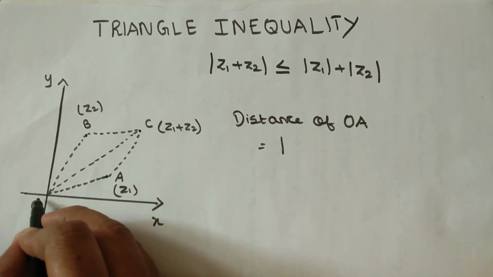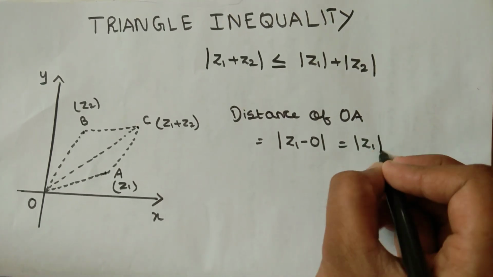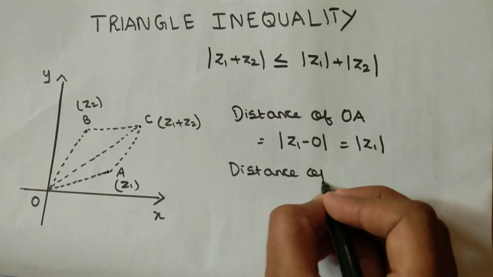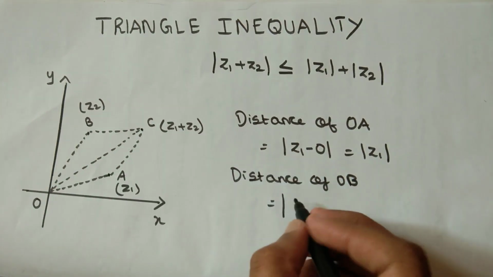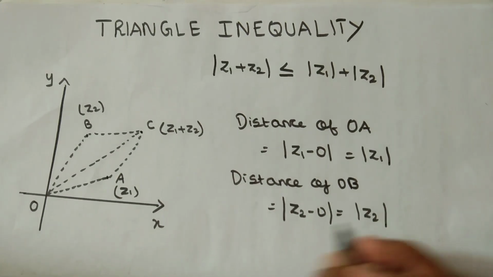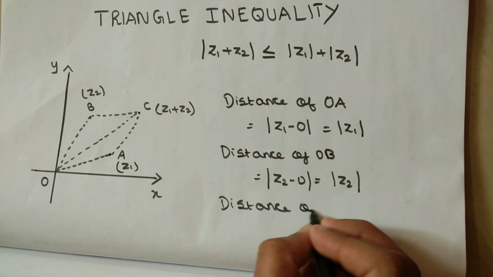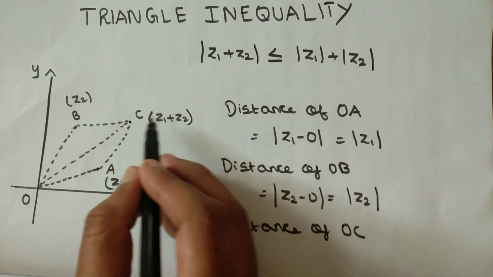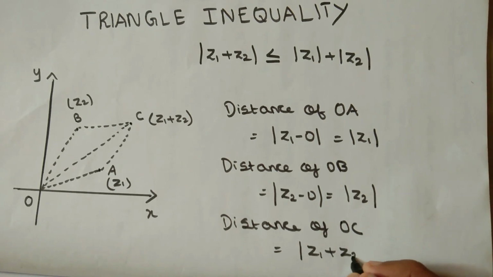My initial point is origin, so modulus of z1 minus 0, which gives modulus of z1, and distance of OB, which is modulus of final point minus initial point, that is z2 minus 0, which gives modulus of z2, and distance of OC, that is modulus of final point minus initial point, which gives modulus of z1 plus z2.